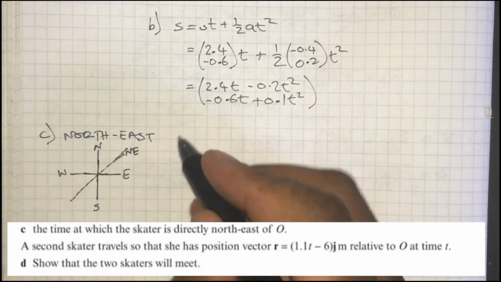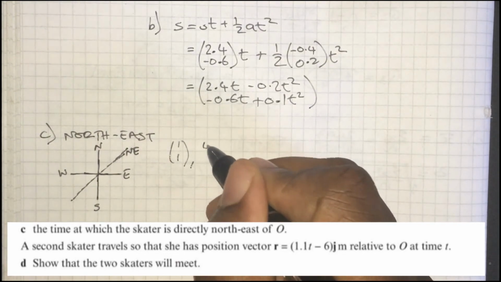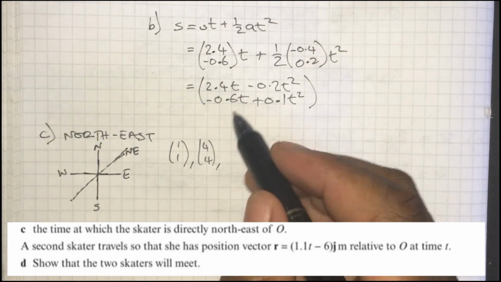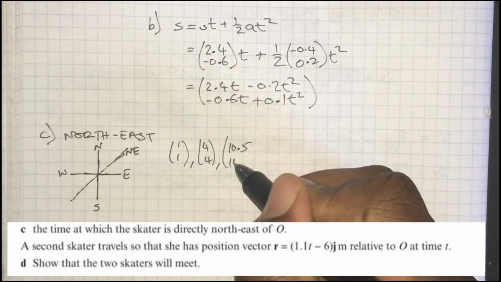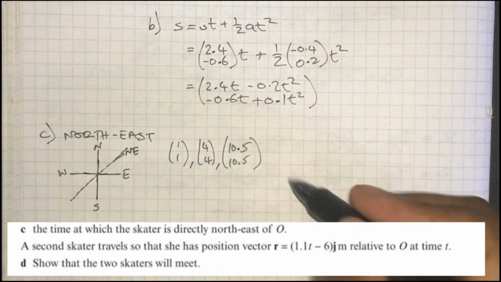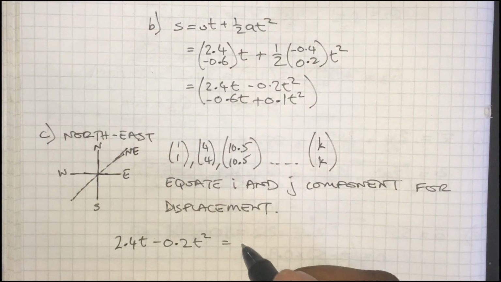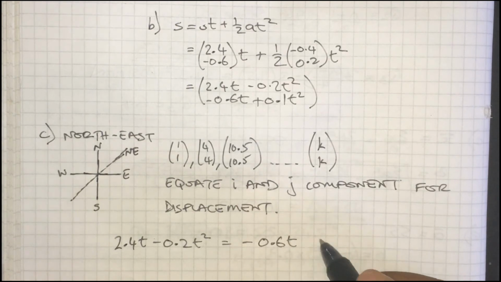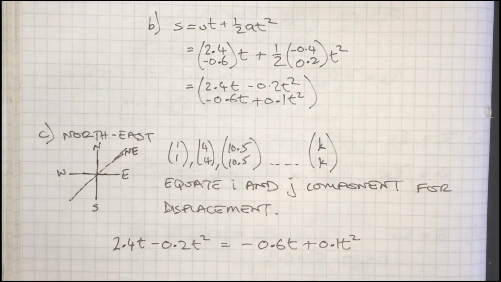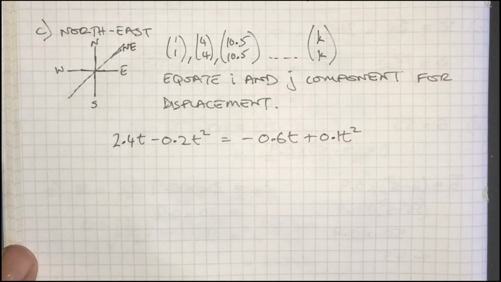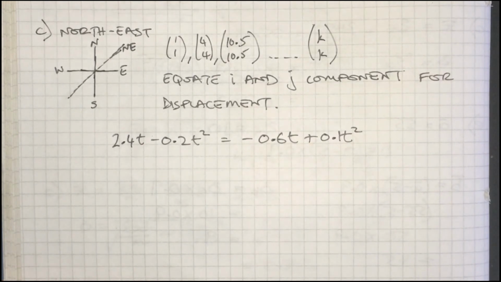The i and j components should be equal to each other. So I'm going to put the i component and the j component equal to each other. So equating those two expressions gives us a quadratic that we're going to solve.